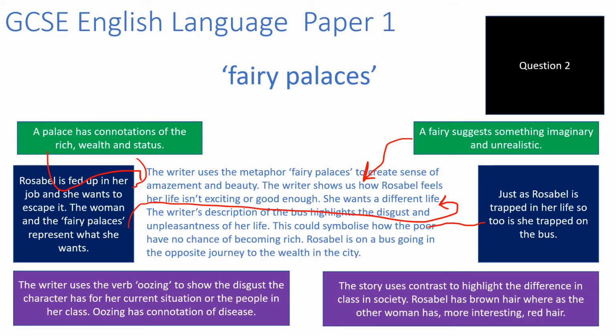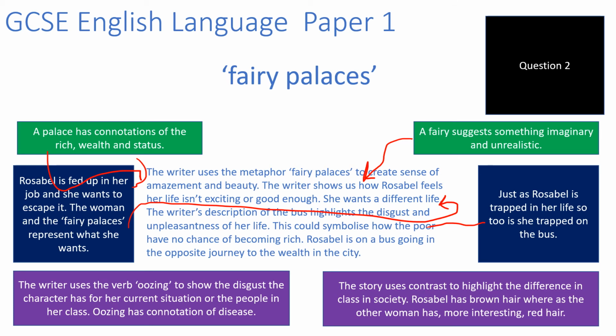Next bit. The story uses contrast to highlight the difference in class and society. Rosabelle has brown hair, whereas the other woman has more interesting red hair. And so we can add to that. So that's how you can develop your paragraphs, adding extra layers of explanation.